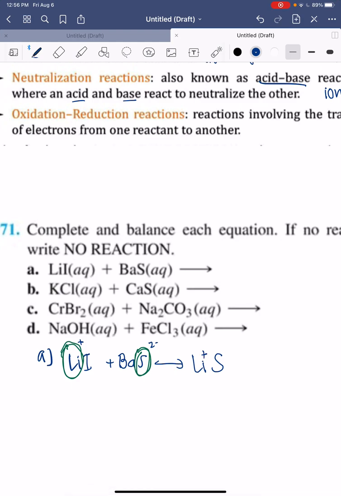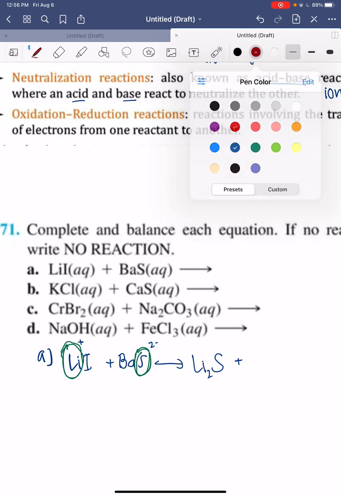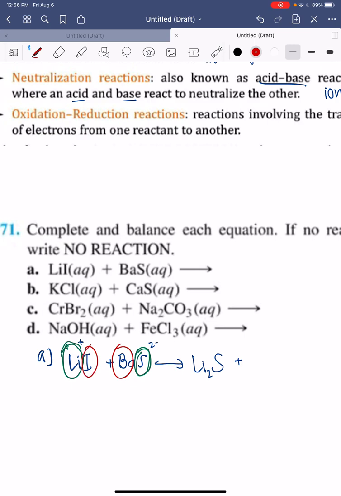If we bring these down, we know that lithium gets the 2- charge of sulfur. So it's going to be Li2S. The next product formed is barium iodide because those are the only 2 left, so they pair together. Then it looks like this.